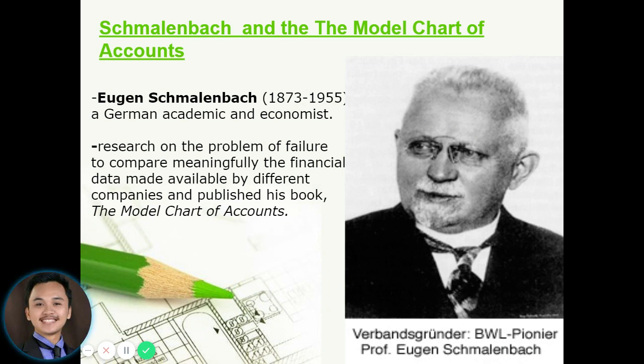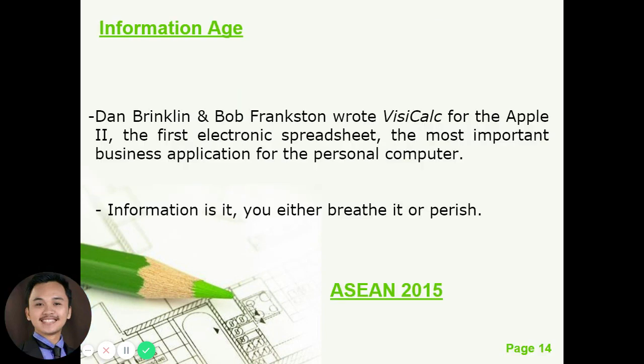The chart of accounts is the list of accounts that is being used to record business transactions. In our succeeding discussions, I will be introducing to you the different account titles that we could use in recording business transactions.